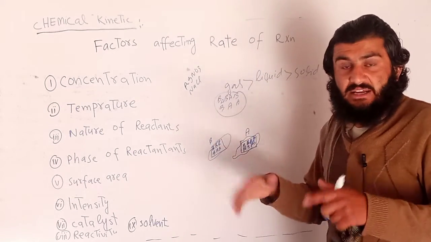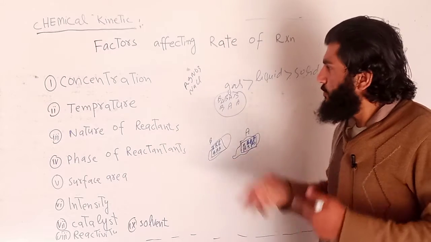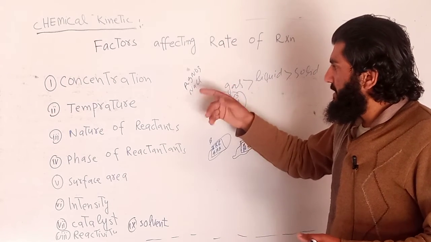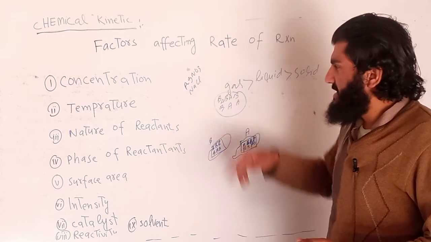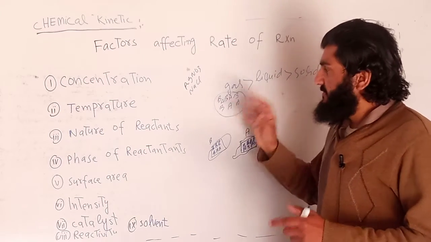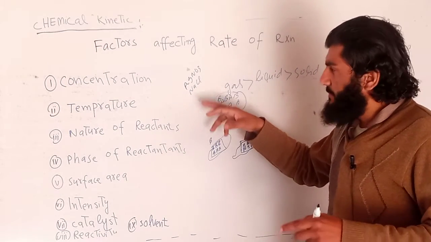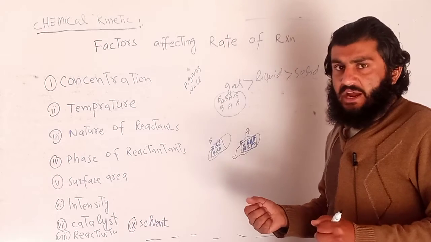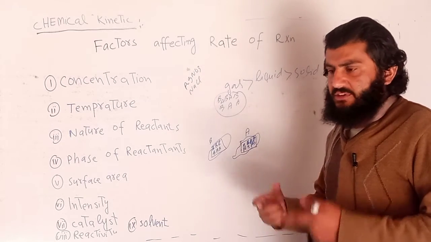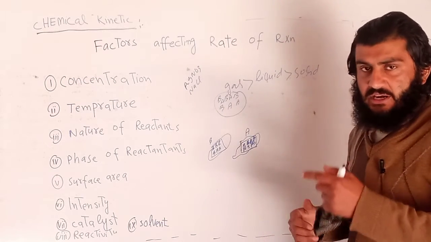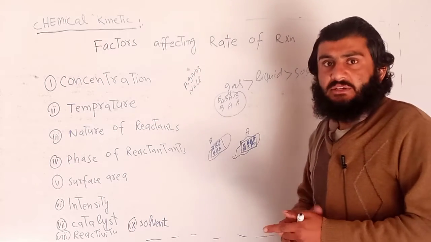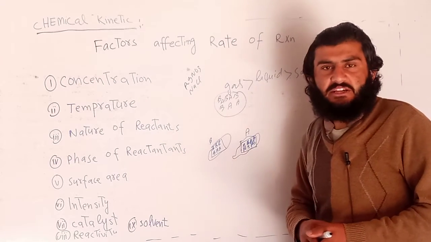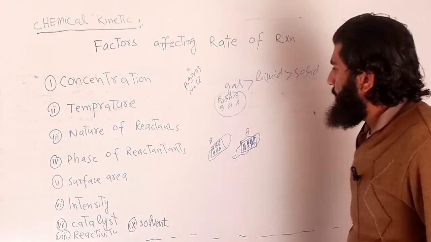If I want to react Ag with Cl, I will first form an aqueous solution of both and then mix them. After mixing they come in contact and collide, and as a result a chemical reaction takes place.